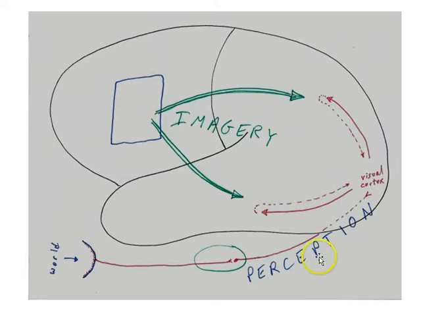So the difference between perception and imagery has to do with, in a sense, the cause of the activation of the visual system. In perception, it's the external world. In visual imagery, it's internal triggers that reactivate visual memories. But again, the working memory system is involved in both, because in both cases, the visual system will have to be setting up loops of neural activity with the working memory system.